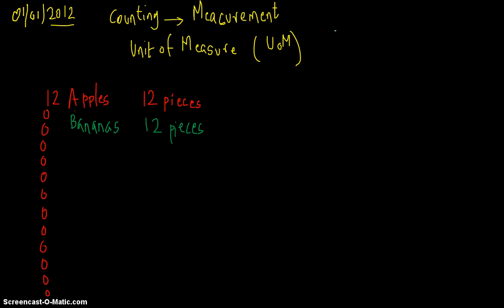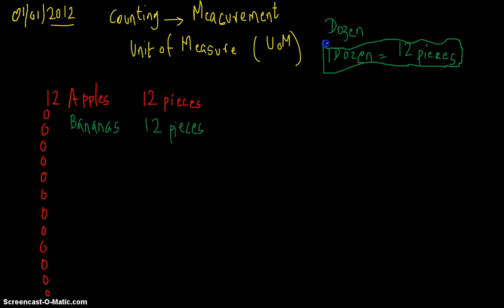Now I'm not quite sure whether you have heard of the unit of measure called a dozen. So 1 dozen is actually equal to 12 pieces. Now this equation, 1 dozen is equal to 12 pieces, is nothing but the conversion factor.